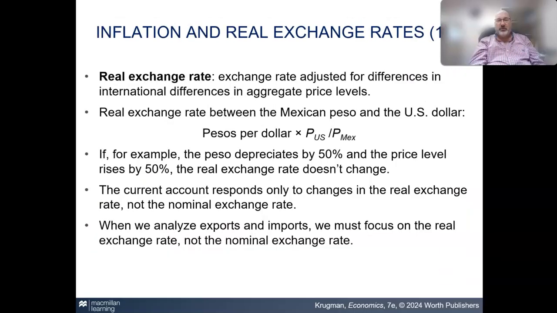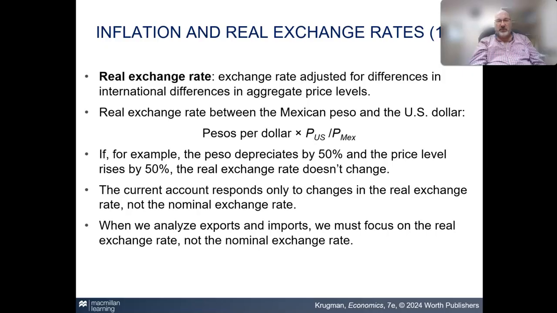So what matters is the real exchange rate. It is the exchange rate adjusted for international differences in aggregate price levels. The real exchange rate between the Mexican peso and the U.S. dollar is pesos per dollar times the U.S. price level divided by the Mexican price level.